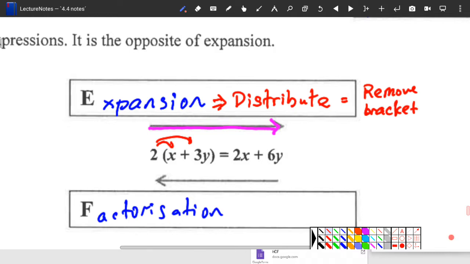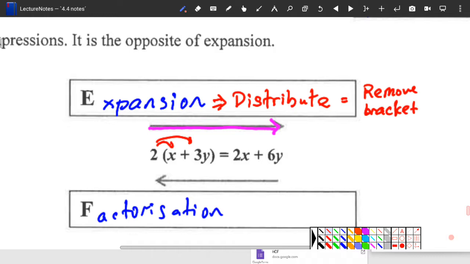So what do I mean? Factorization means I give you something like that, and what I want you to do is to go this direction, and here is there a bracket? No. Here is there a bracket? Yes. So the process of going from here to here is called factorization.